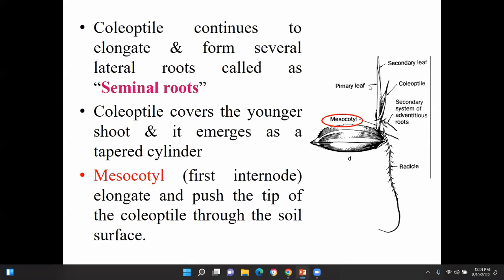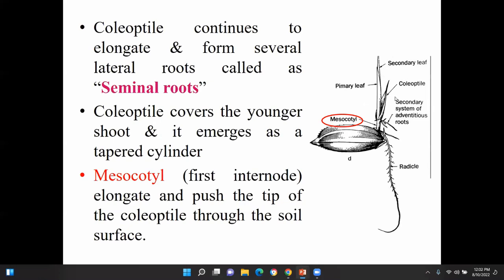Then the primary leaf breaks the coleoptile and develops. After that, the secondary leaf will develop. The primary leaf does not have a blade structure, I mean a margin, not sap. The second leaf has a very sharp margin. You can clearly see this is the primary leaf and this is the secondary leaf.